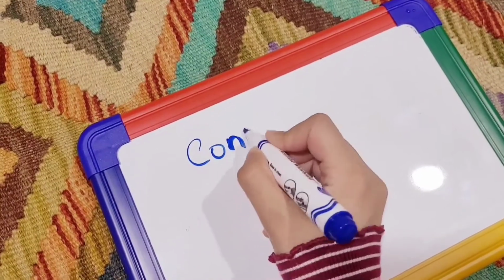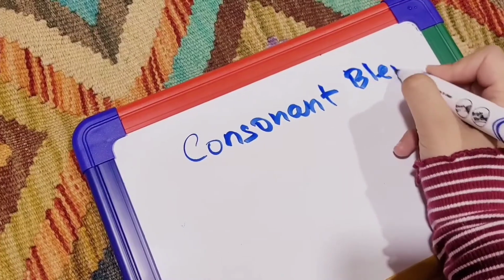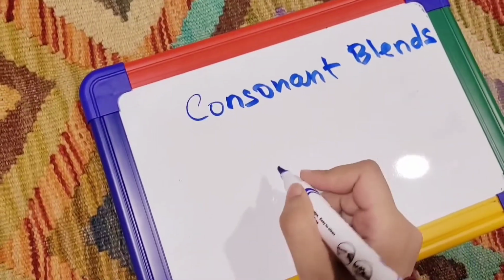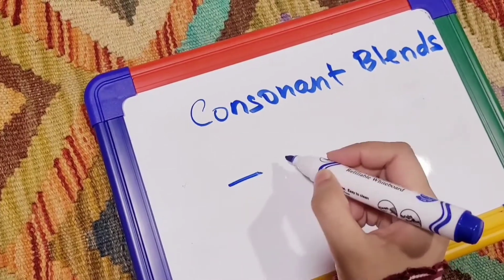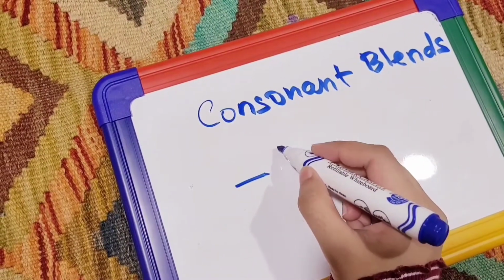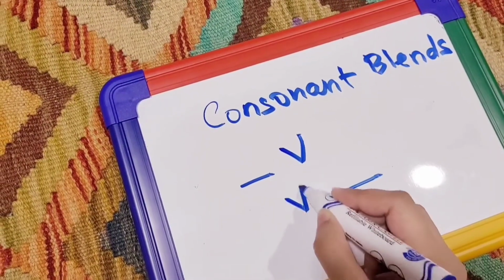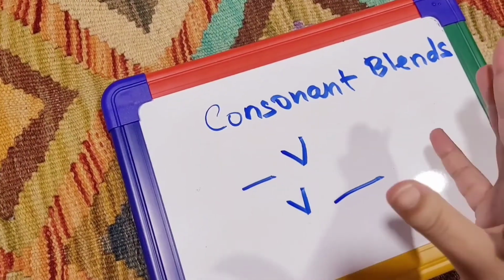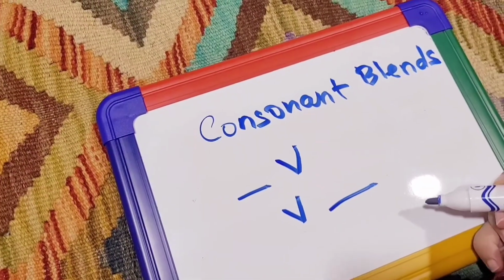Consonant blends. What are consonant blends? Consonant blends are two consonants at the start of the word before the vowel, or at the end of the word after the vowel. There are two types of consonant blends: the beginning consonant blends and the ending consonant blends.